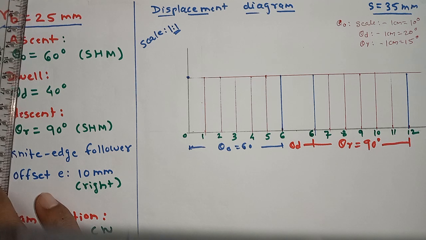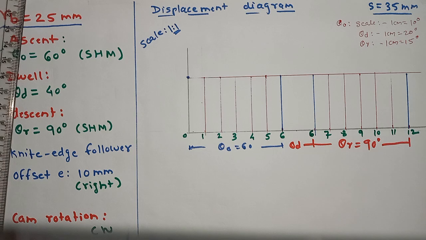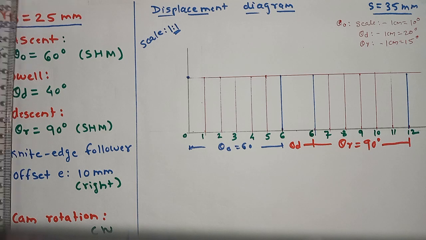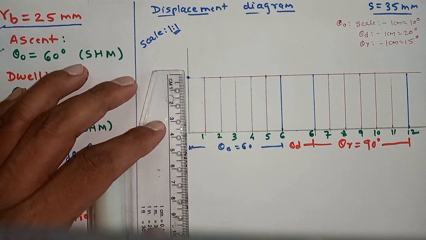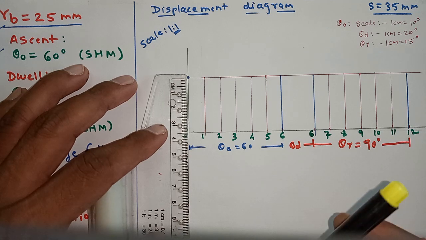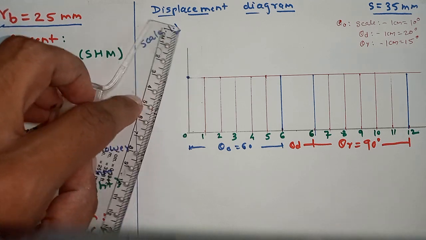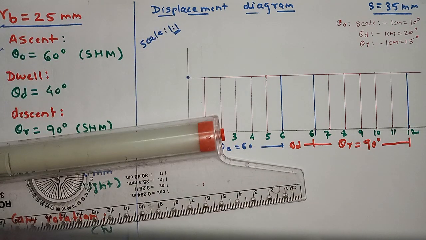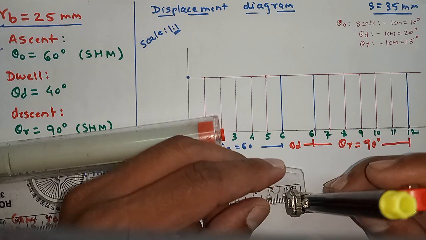Now the follower is moving with SHM during both the strokes. So I will draw the semi-harmonic circle on y-axis with the diameter equal to 35 millimeters. So radius of circle will be 17.5 mm.